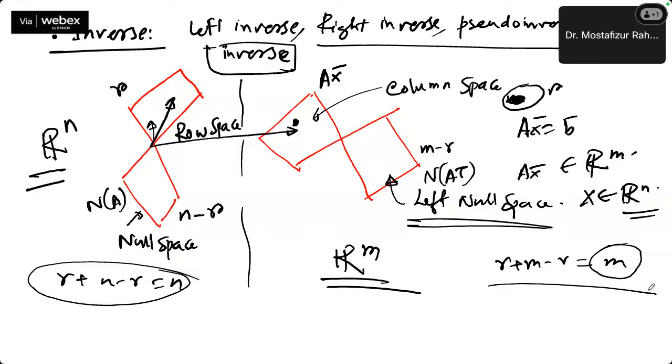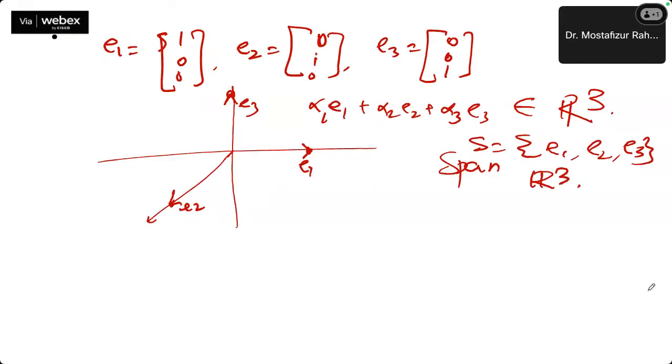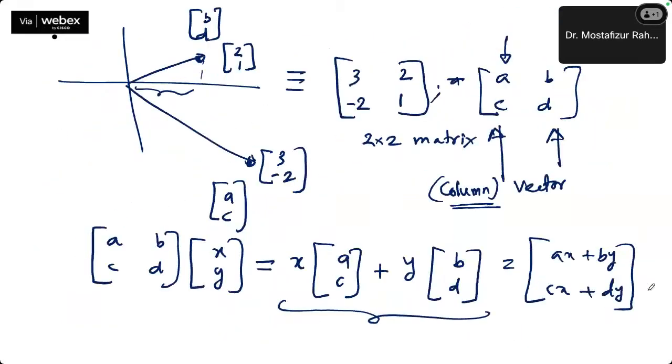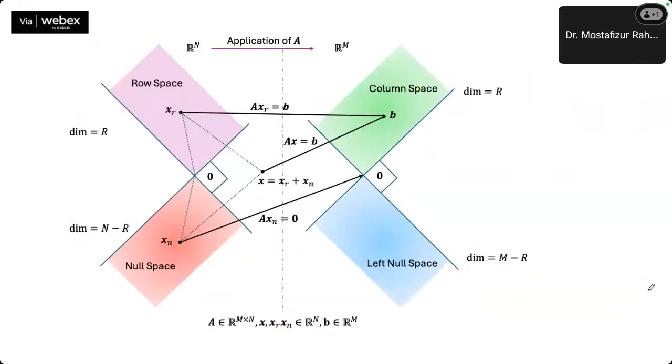Okay, so I had one picture. Let me go to that picture and I'll come back here. Yeah, this one. So you are staying in an n dimensional space.